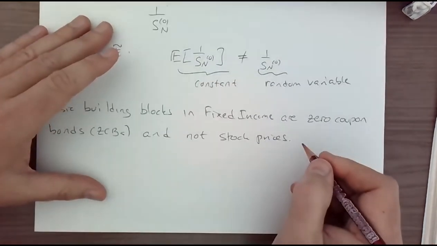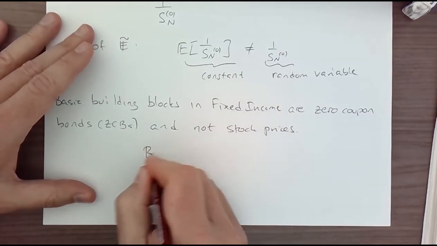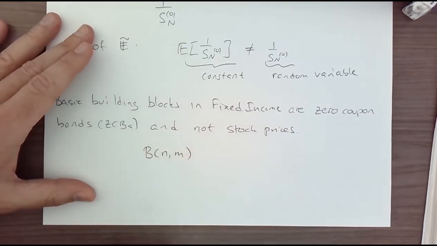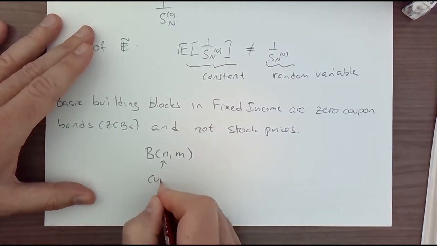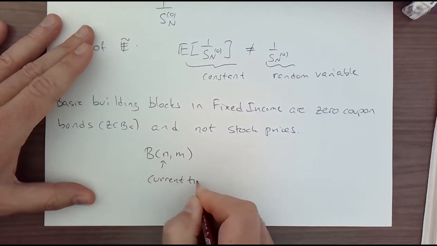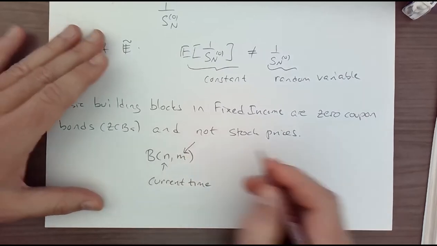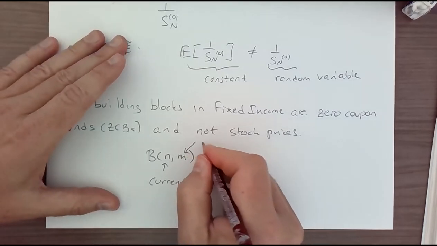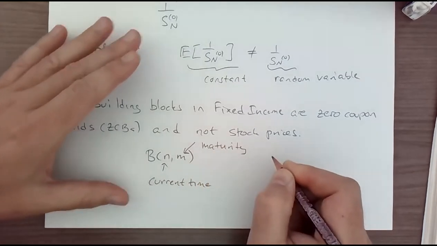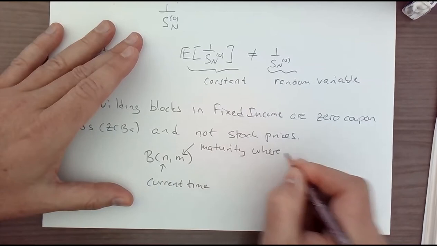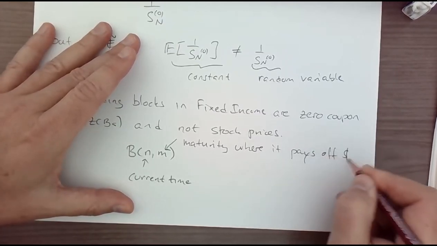These zero coupon bonds are denoted by B^n_m. The first entry here is the current time, and this one here is the maturity time, where it pays off $1.